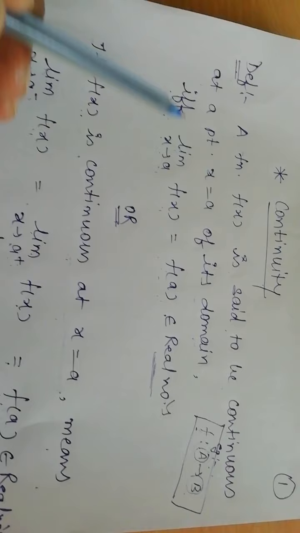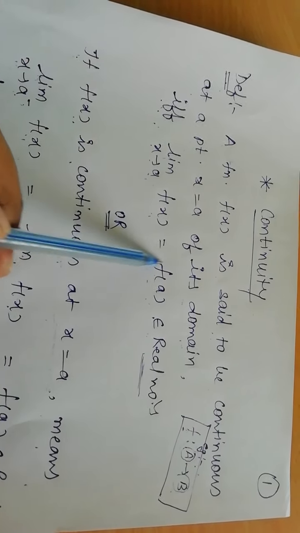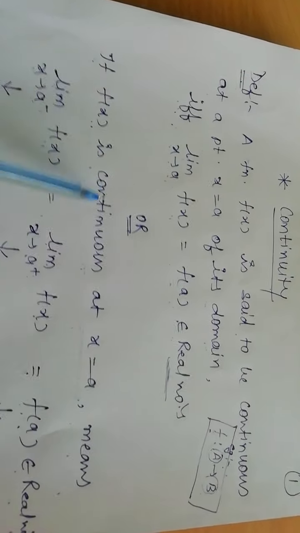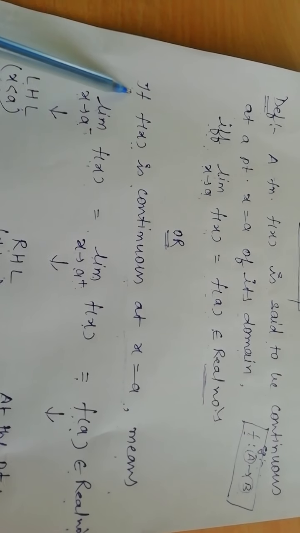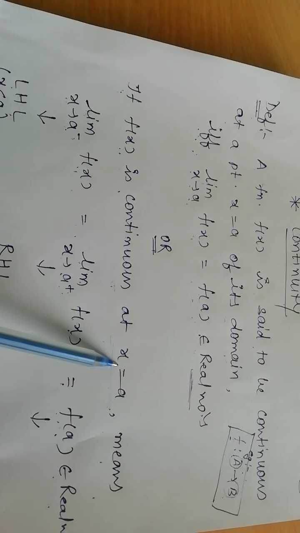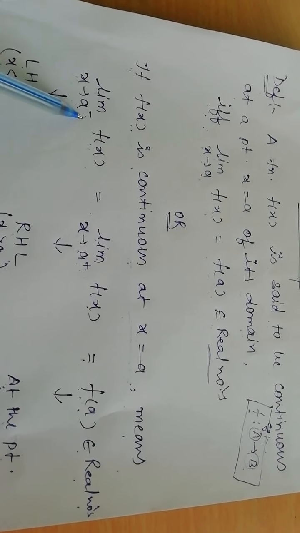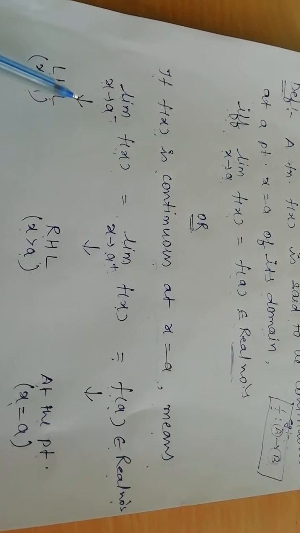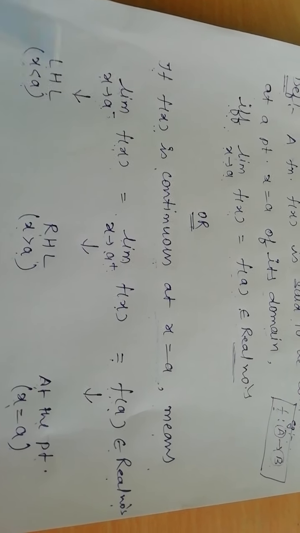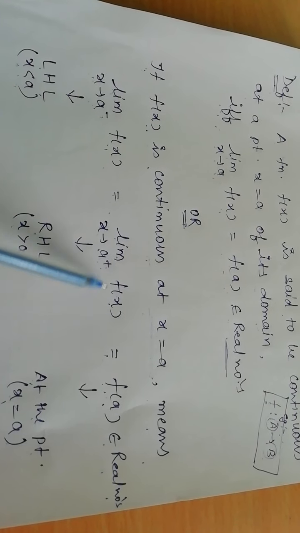If and only if limit x tends to a of f of x is equals to f of a, which belongs to set of real numbers. Or in other words, if function is continuous at x is equals to a, it means limit x tends to a negative of f of x means we are calculating the left hand limit at x less than a, is equals to limit x tends to a positive of f of x.